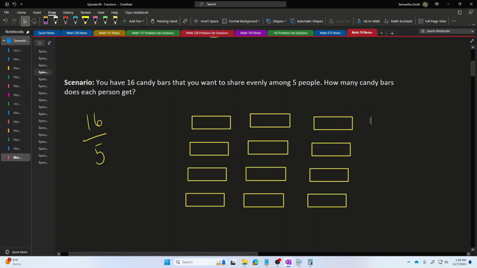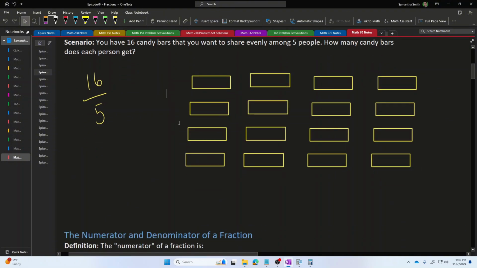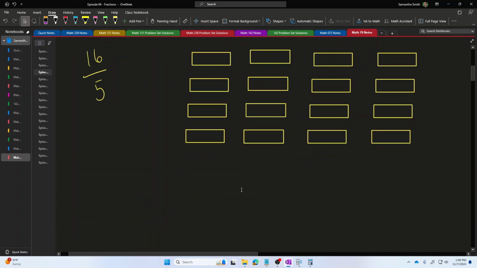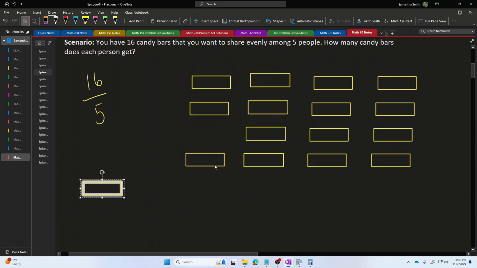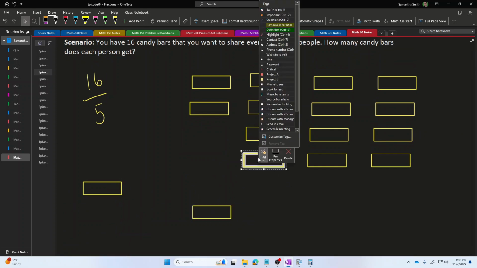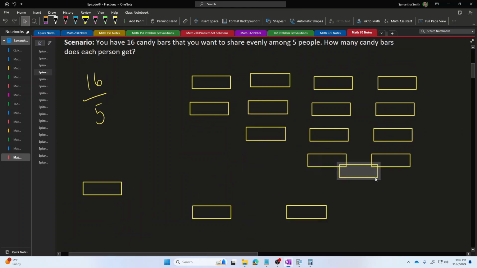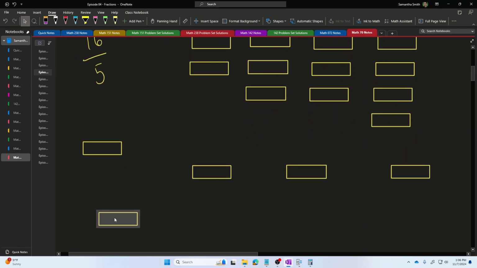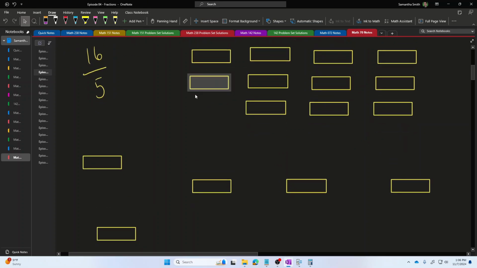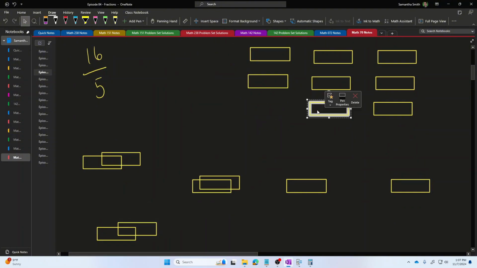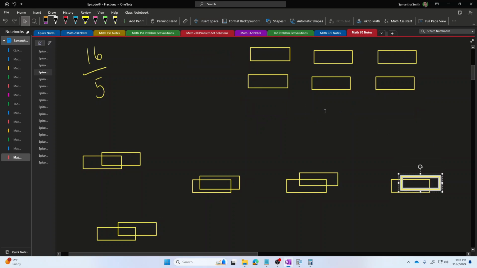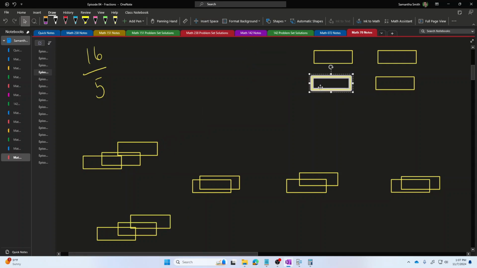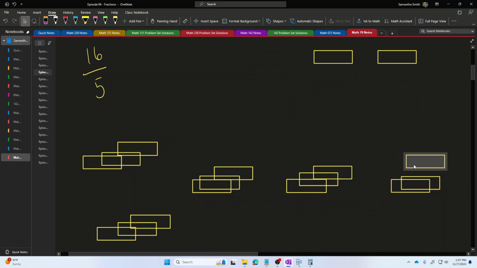Because if I have 16 candy bars and I want to split them evenly among 5 people, I could say, okay, you get this bar, you get this bar, and you get this bar. And then another bar to each person, and another bar to each person, and so on.